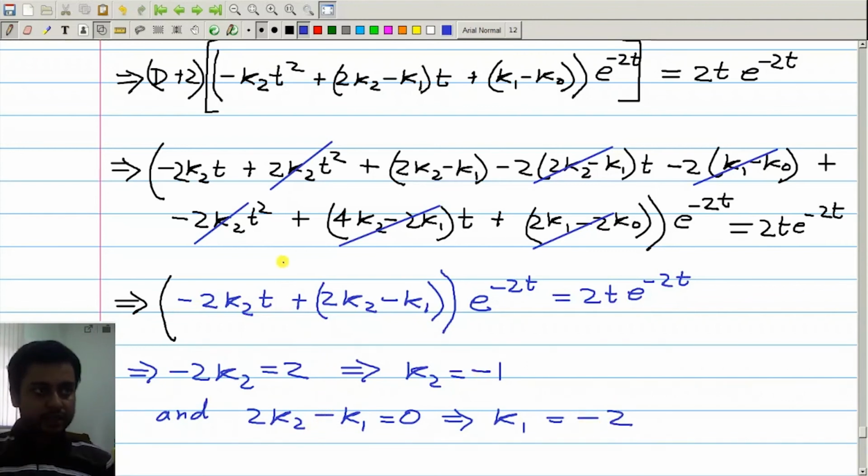And since we do not have any constraint on k0, we can choose k0 to be anything, including k0 equal to 0. Because we want somehow one solution that satisfies the differential equation.